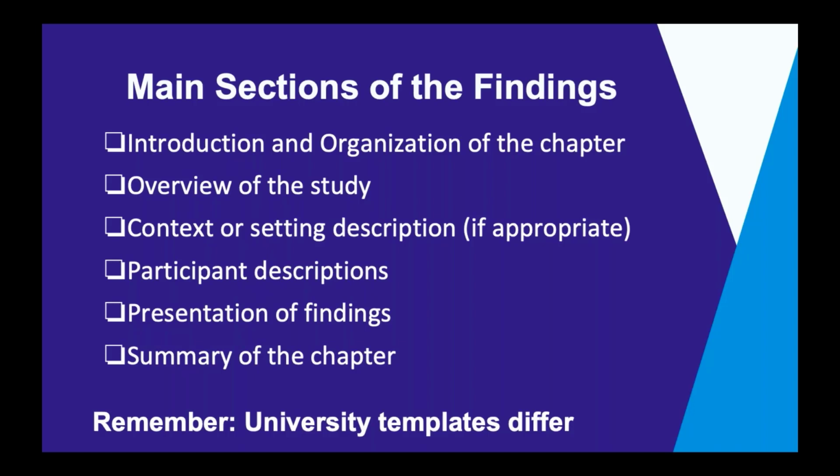And then, I apologize for the sirens in the background. The context and setting description, the participant descriptions, and then the presentation of the findings. And normally that comes out in themes for qualitative research, or if we're using grounded theory or narrative, that's going to look a little different. But then we have a summary of the chapter. And just remember that your university templates are important.